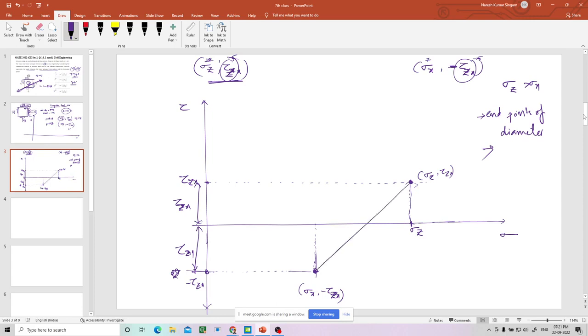Okay, see now this is the diameter. Wherever it cuts the x-axis, that should be the center, right? That should be the center, because if you see this height and this height, they are the same, tau zx. Next, these angles are the same.